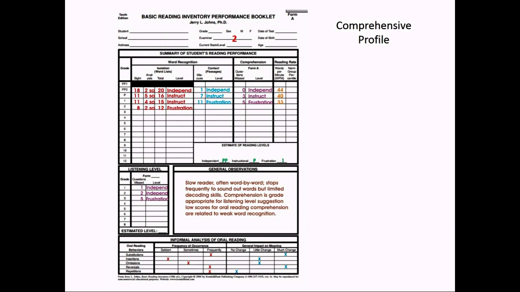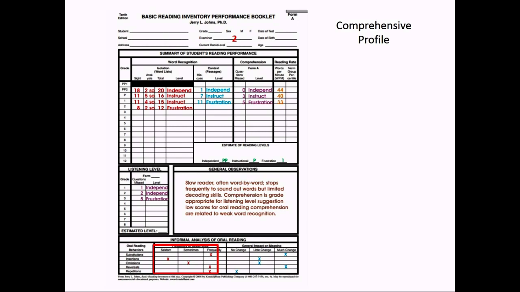It doesn't tell you you're at the 10th percentile or the 50th percentile or have a standard score of 110 or a score of 10. It basically is all comparing criteria of here's the difficulty of the reading passage and here's what the child did at that level of reading.